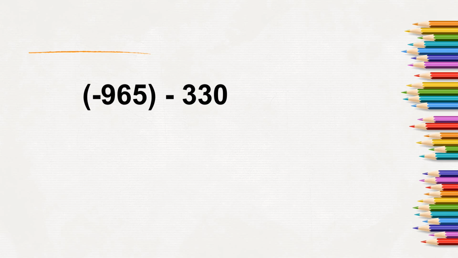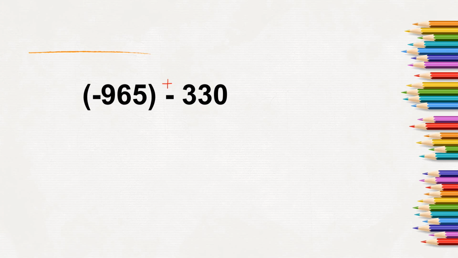So here we have to think as it is moving to the left on the number line, because here we are dealing with negative numbers, right? Start with minus 965 on the number line and subtract 330. That is, change the minus sign to plus sign.